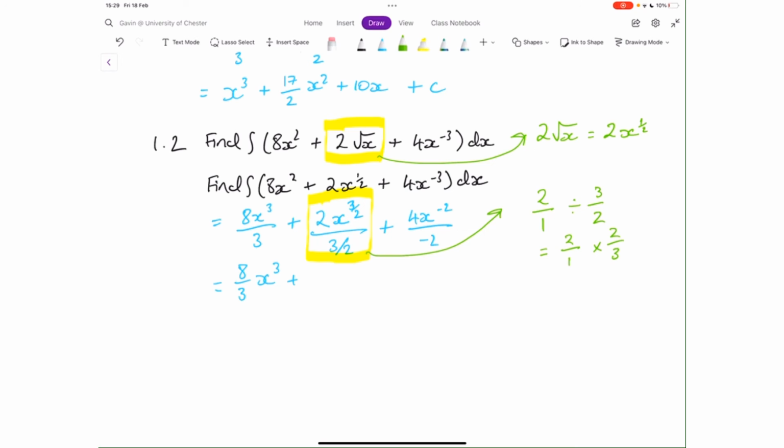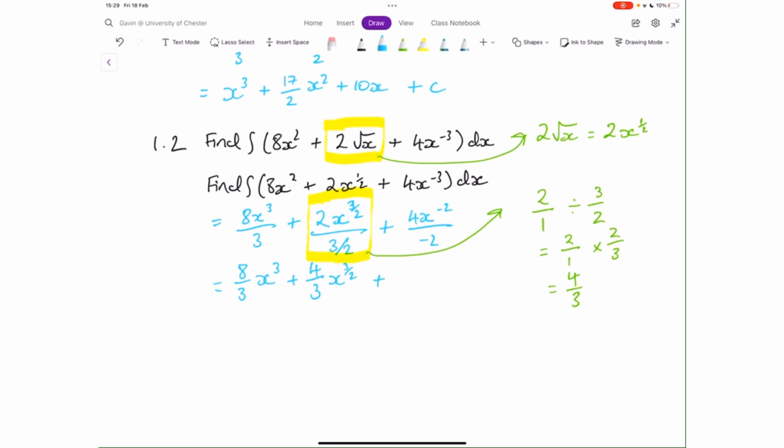And 2 divided by 1 multiplied by 2 divided by 3 gives me 4 over 3. So that term simplifies to 4 over 3x to the 3 over 2.